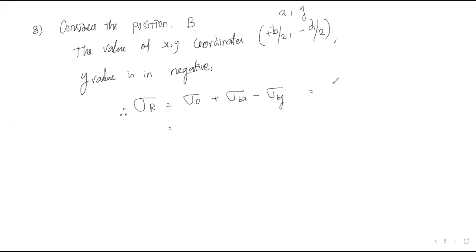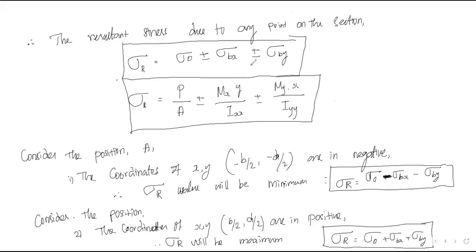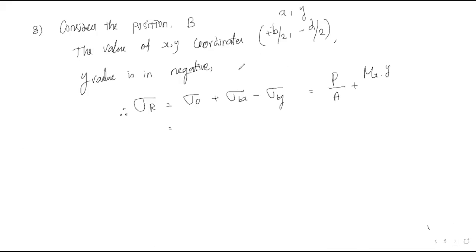So the equation becomes P by A plus Mx into y divided by Ixx plus My into x divided by Iyy, where the y value is negative, so this term becomes negative.